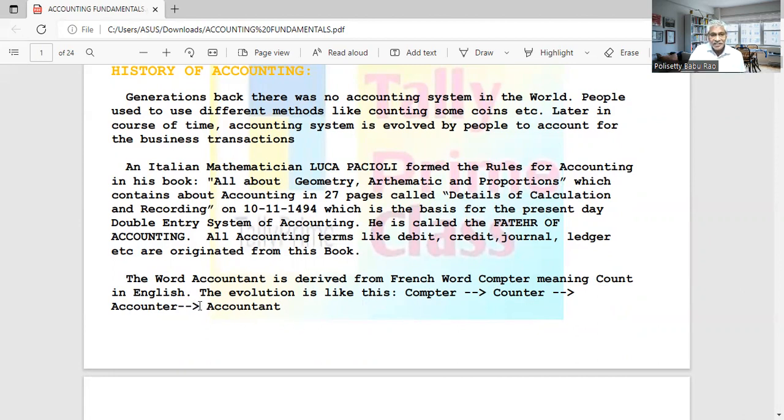So at present, accountant is the name of the work. The accountant is the person who is doing the accounting. Just like Rajamahendravaram, the English people could not pronounce it, so they made it Rajamandri, like this. Okay, so this is the history of accounting.